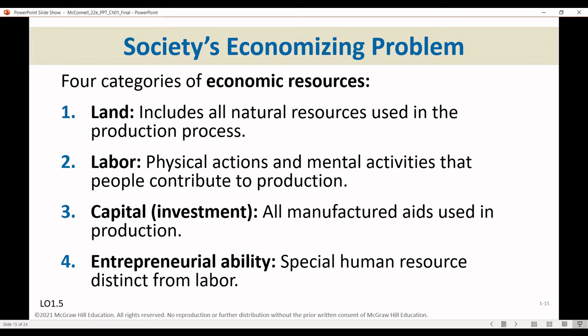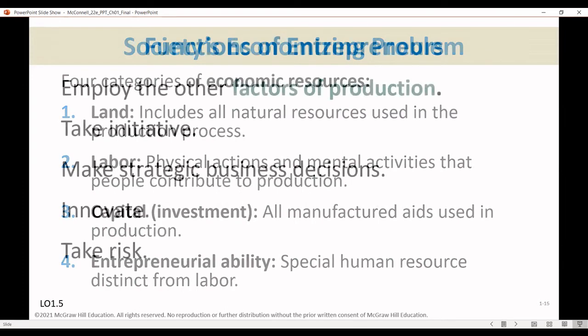Capital is investment, right? That will ease future production. And entrepreneurial ability is specific and distinct from labor, right? So we will make a distinction between that and labor.